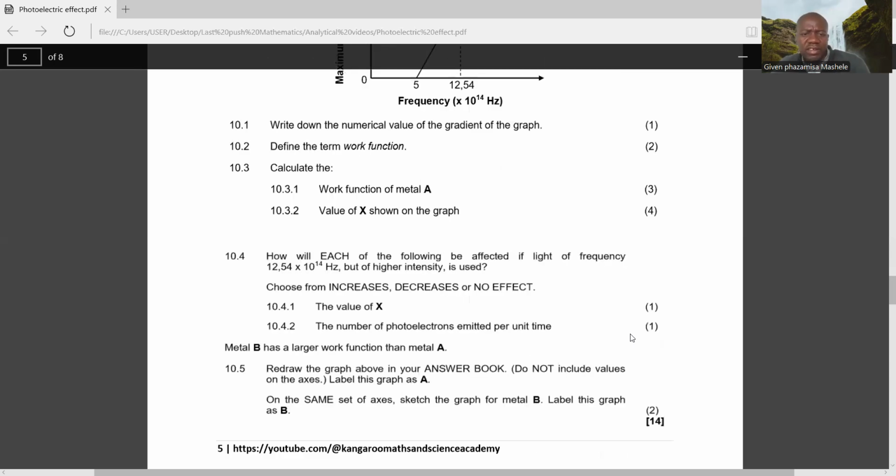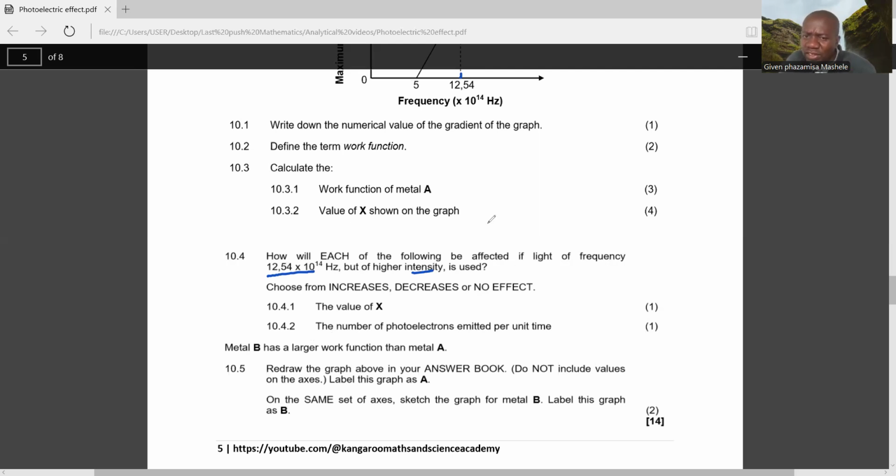The next one says, how will each of the following be affected if light of frequency 12.54 times 10 to the power 14, the same light, but of higher intensity is used. You see that they did not change the frequency.